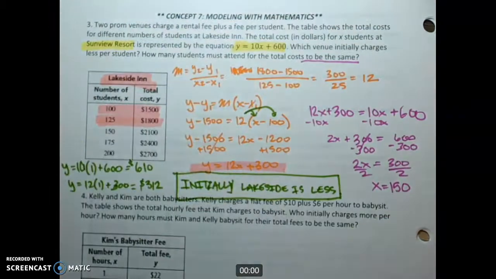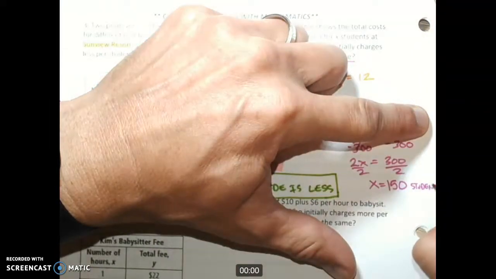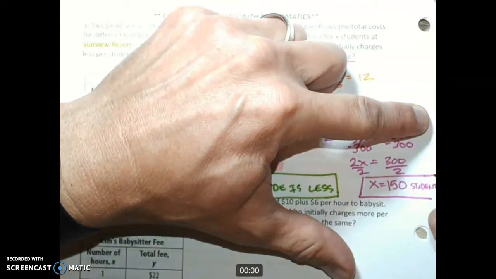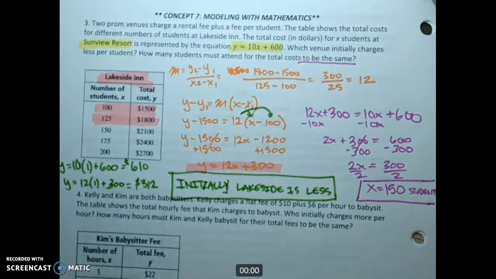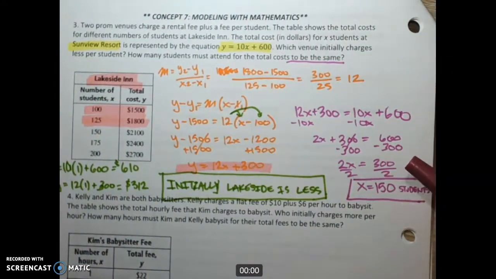And what are we talking about? We're talking about students. Okay, so at 150 students, both of these would be the exact same. I kind of ran out of room. I would have liked to have shown you the actual cost by putting that in there, but that's okay.